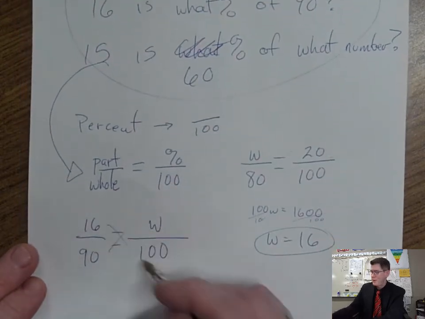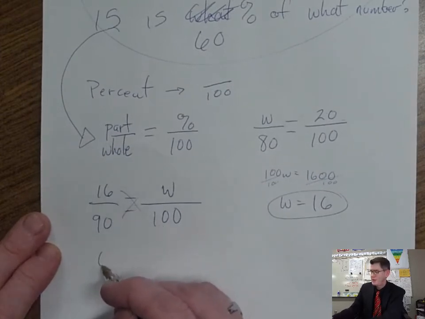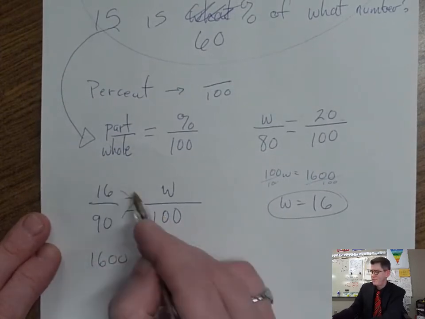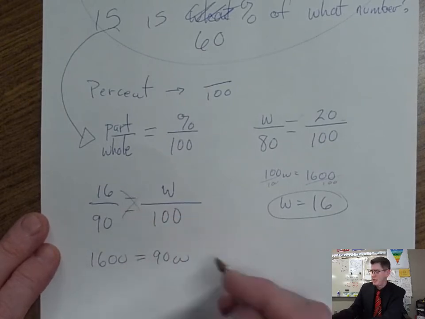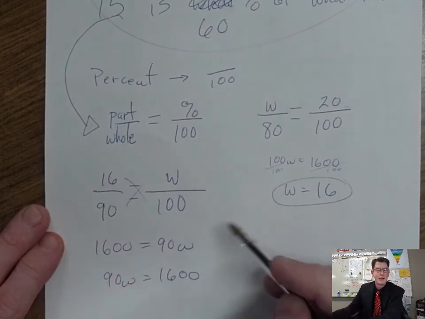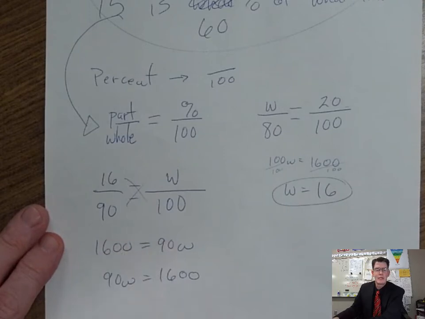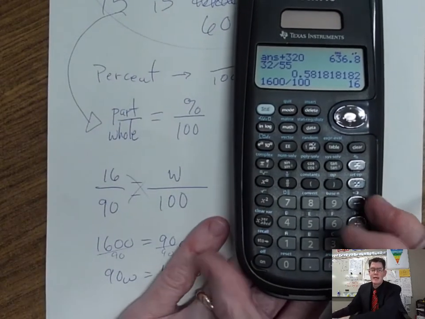Then once again, you cross multiply, and we have here that 1600 equals 90 times W. If in your mind it should be 90W equals 1600, that's the exact same thing. You can write the sides of the equal sign in a different order. Either way, you divide both sides by 90, and 1600 divided by 90.